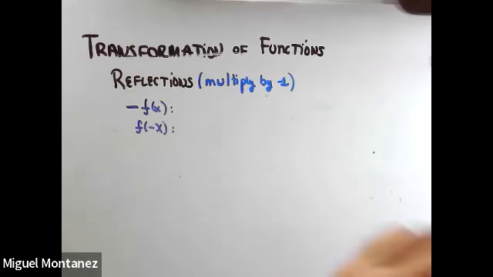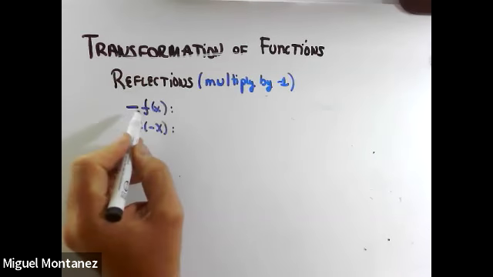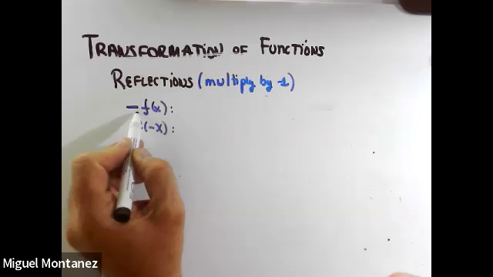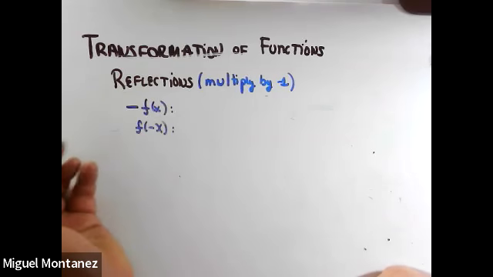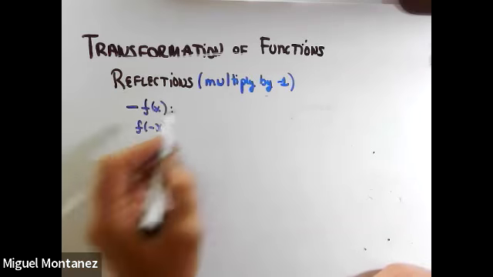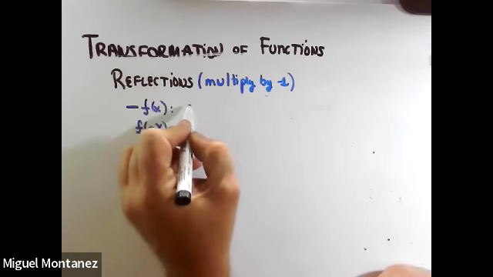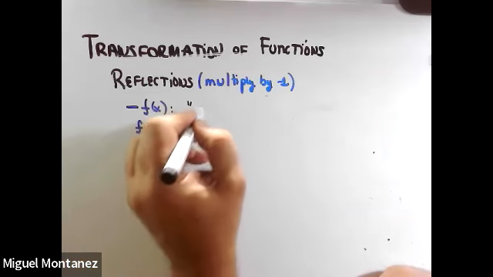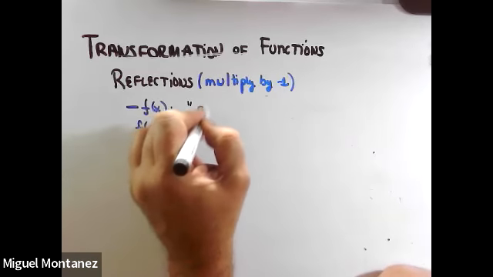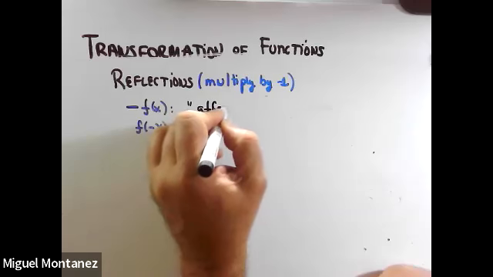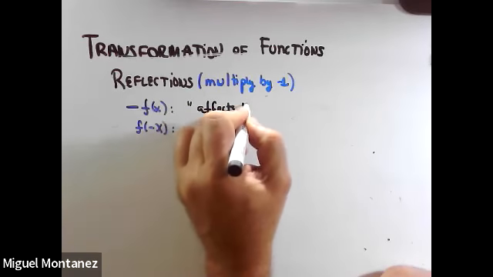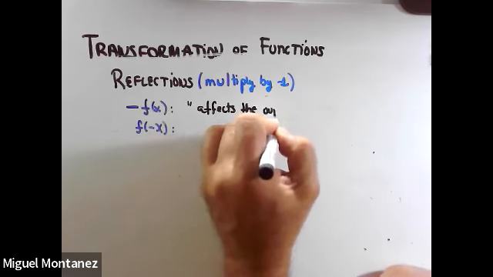Okay, so in the first case, since I'm going to multiply by -1 after I do the square, square root, cube root, etc. So this -1, I'm going to put it in quotes because this is not proper English or math, affects the output.